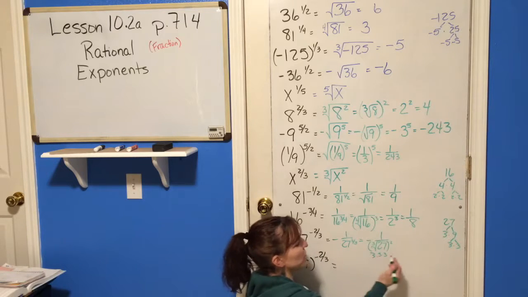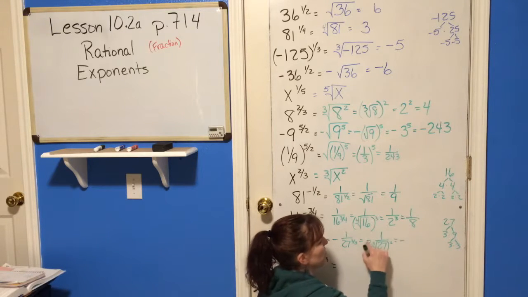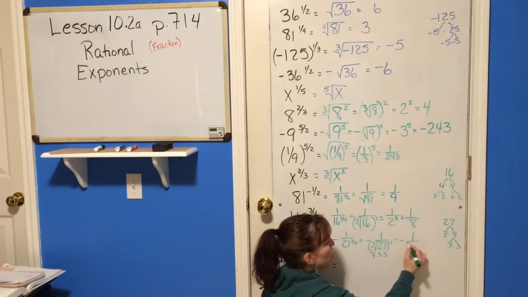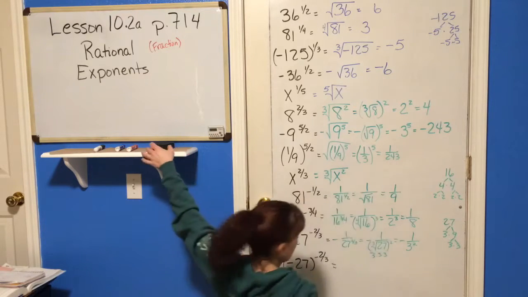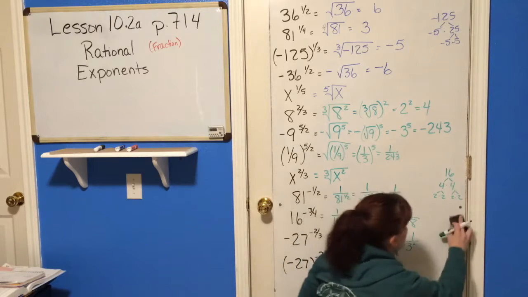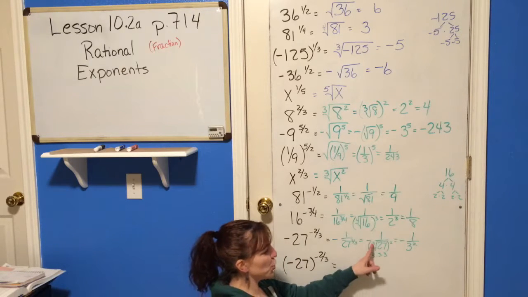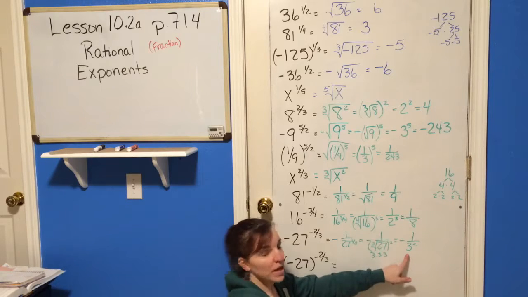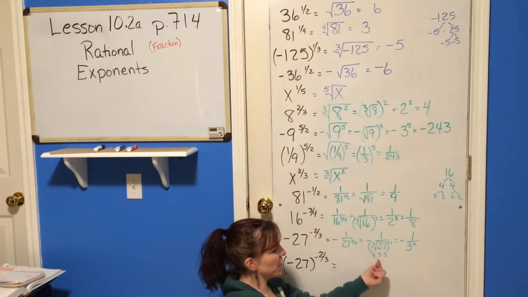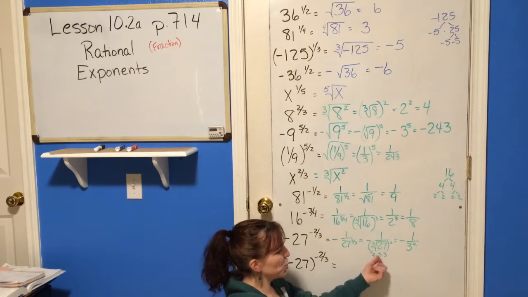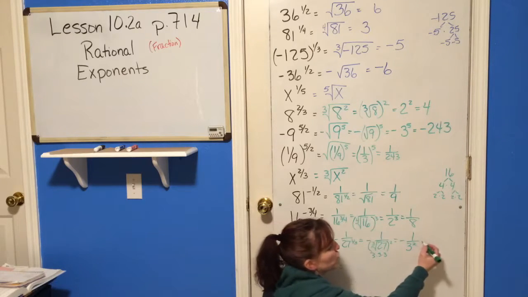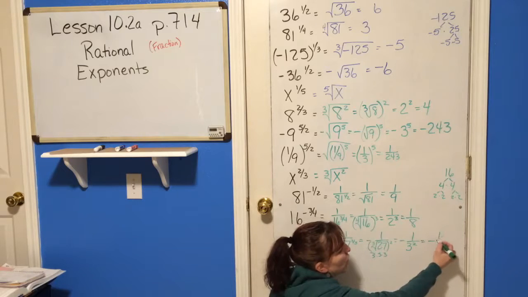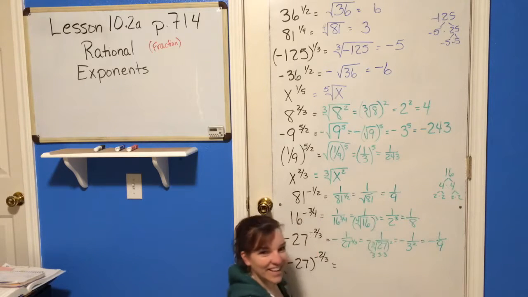So I took all 3 out, and so I get, don't lose your negative, 1 over 3 squared. All right? So this 27 to the 3rd power comes out just as a 3 because I have a set of 3's under there. So that becomes just 3. And don't lose your squared. Now 3 squared is 3 times 3, so it's a negative 1 over 9.